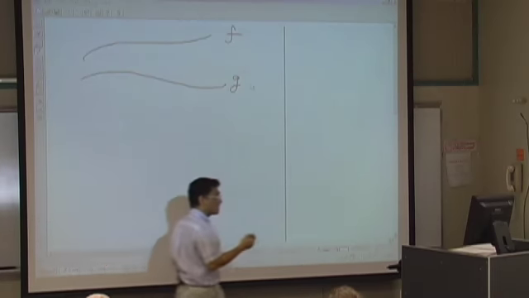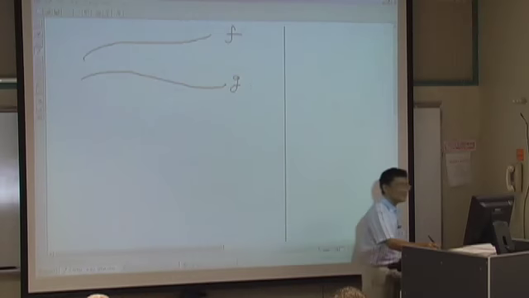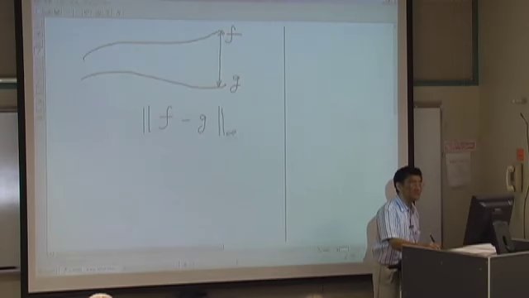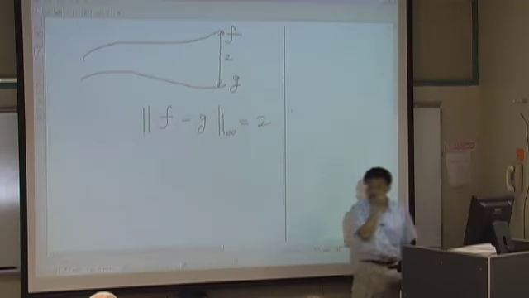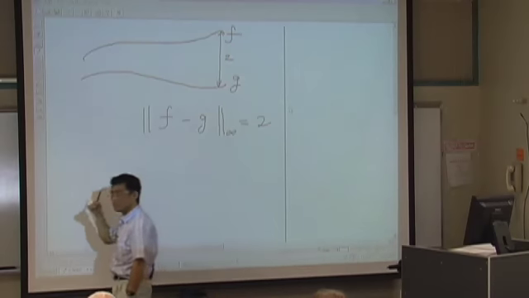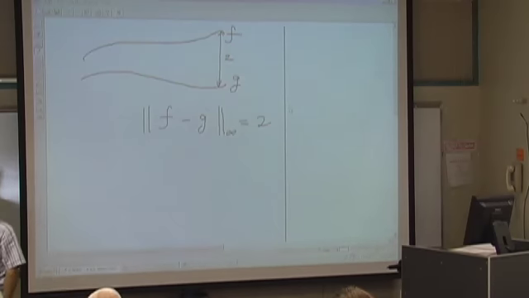If you pick the biggest difference, then it could happen here, right? It could be the biggest difference. Then f minus g has the biggest difference, like 2, right? That could be the norm of this thing. Then in this sense, the norm is 2. Do you follow me?